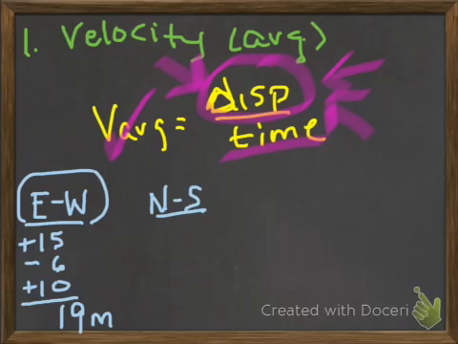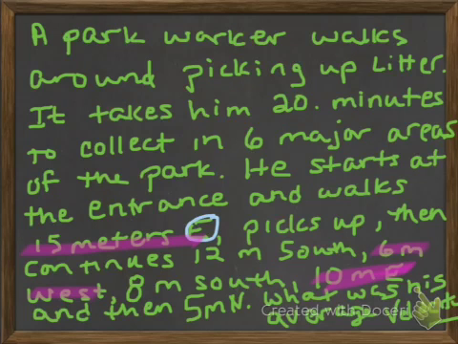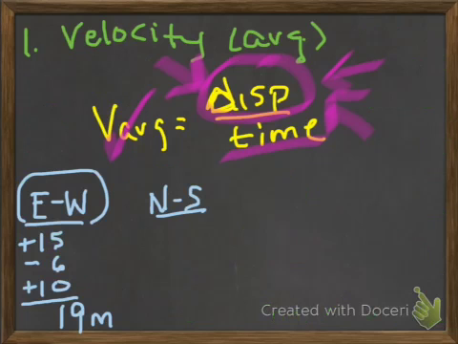Let's do the same thing for north-south. South, south, north. Negative 12, negative 8, 5.